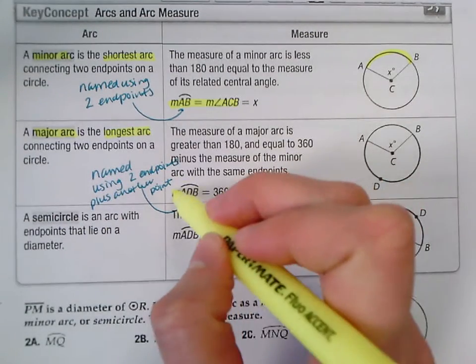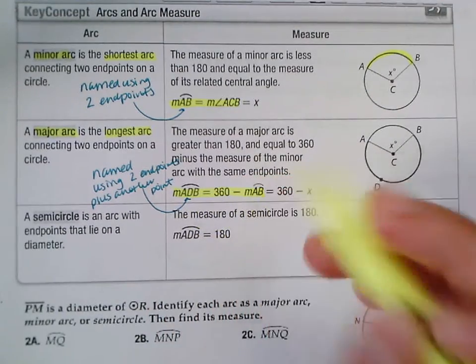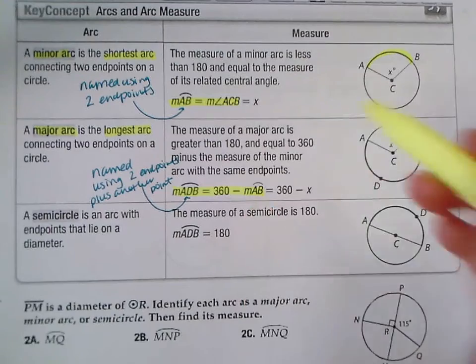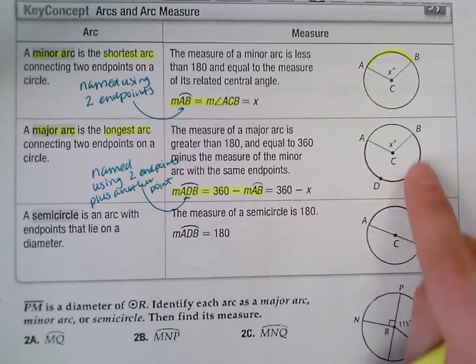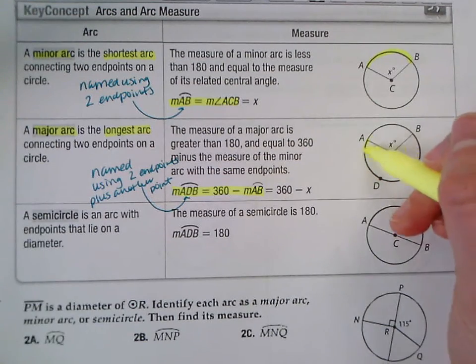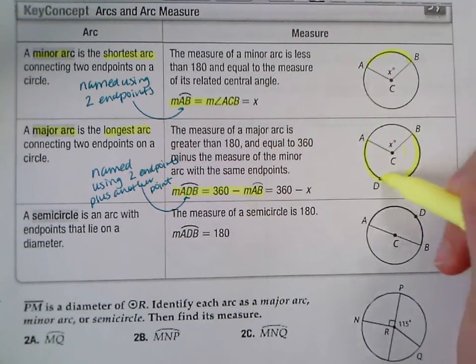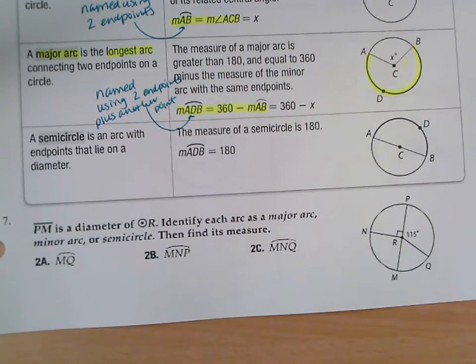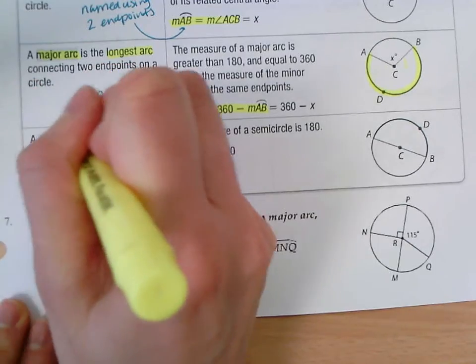And it says that is equal to 360 minus the minor arc measure, which would be 360 minus x. So basically you would want to find out what this angle was by subtracting x from 360, and then that arc would be equal to that central angle measure. And the last type is if you have a semicircle.